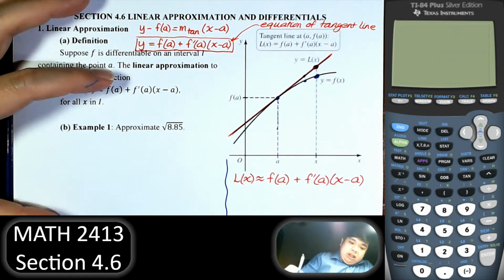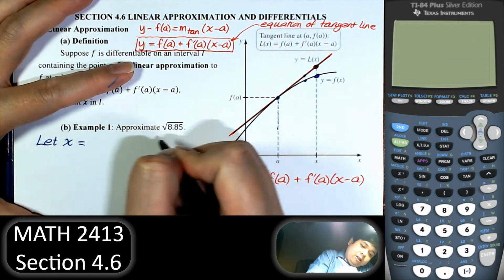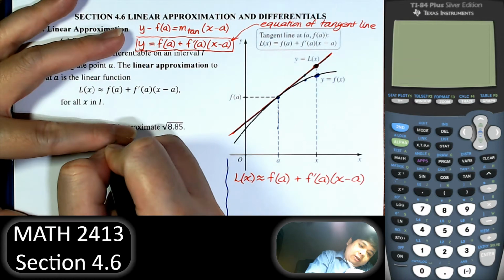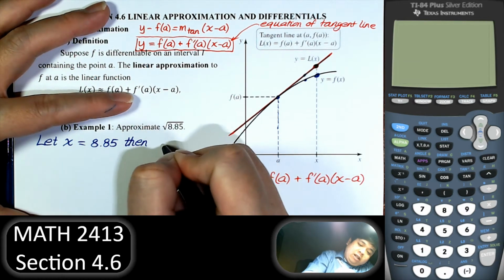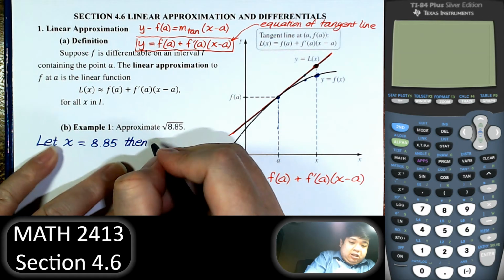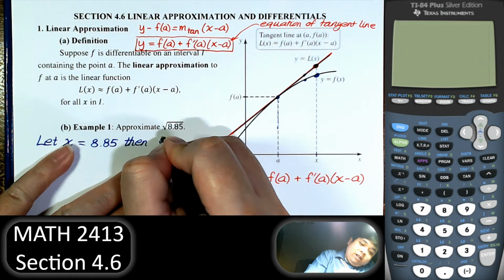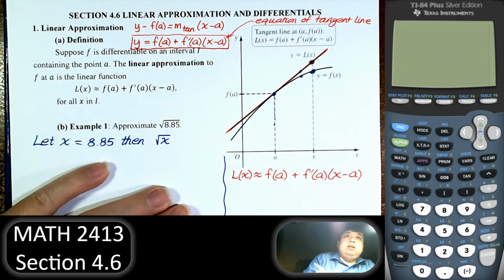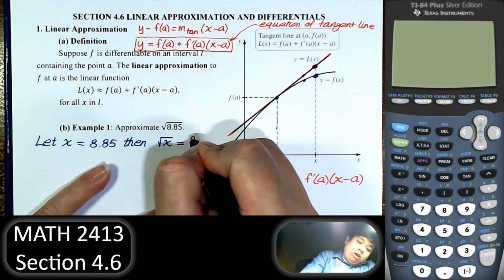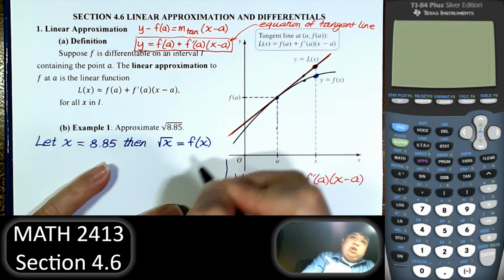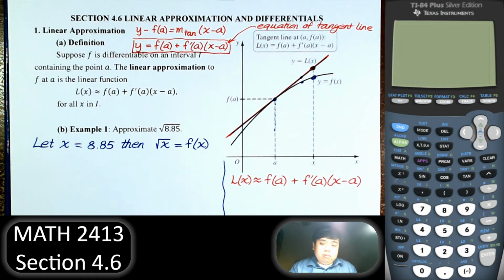So if we let x be 8.85, then substitute x in there, we have square root of x, if x is equal to 8.85, and we will make that equal to f of x. That's nice. But what is a?